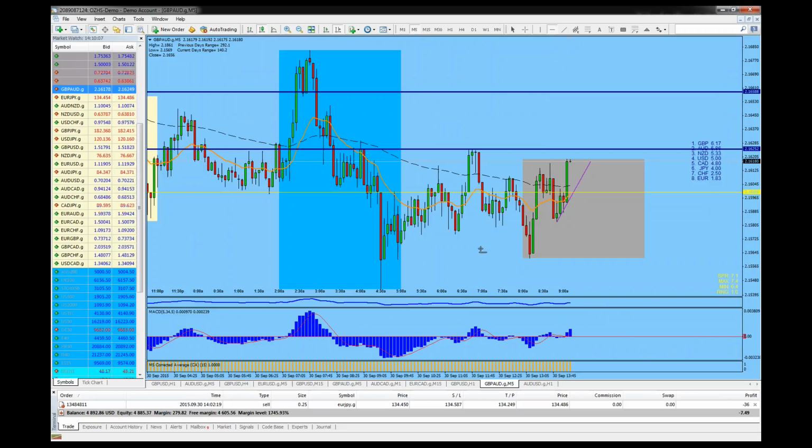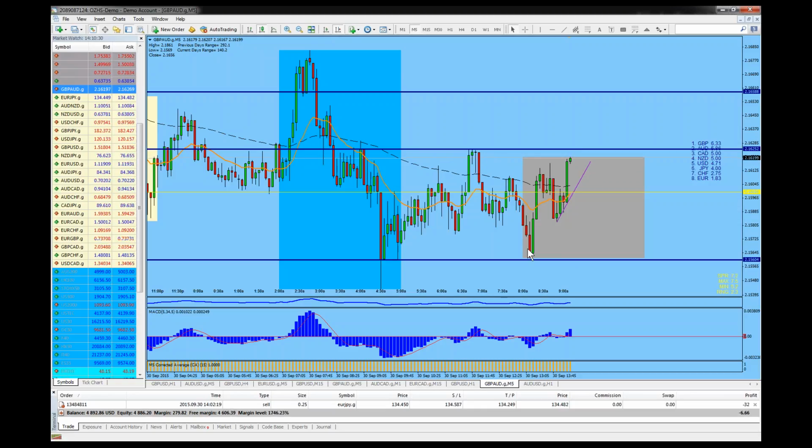This is our range right here. So we could look for a bounce off of this coming back down. And again, with the range, you see we have triangle number 1, triangle number 2, and this is 3 right here.